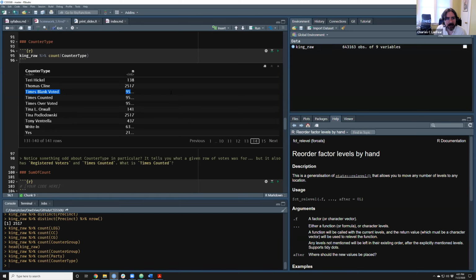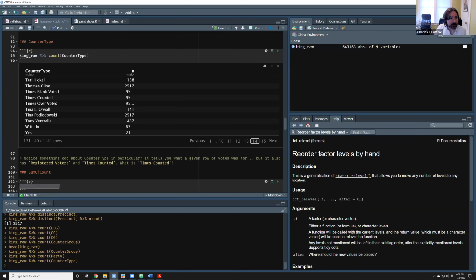Like this, times blank voted, times counted, times overvoted, write-ins. This column contains an enormous amount of information. This is how votes were cast for what. But the thing is, what this column contains is just these names. It doesn't contain the number of votes for this or anything like that.